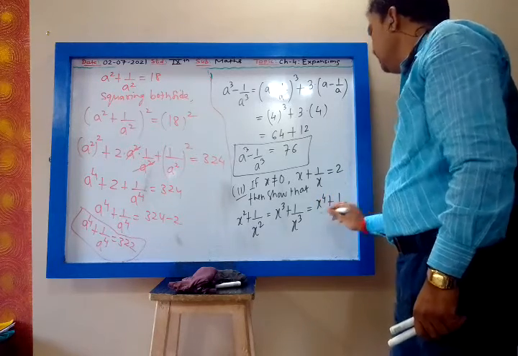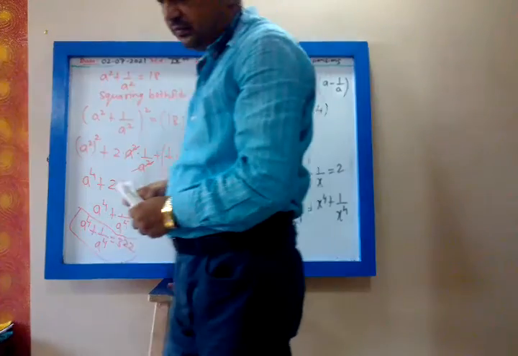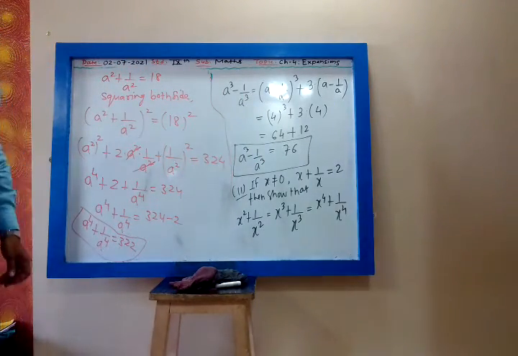Means all are equal. A is equal to B is equal to C. You have to show. So you can do it easily.